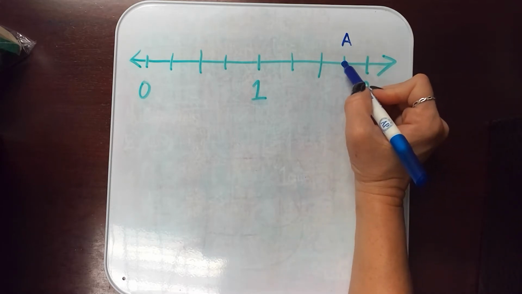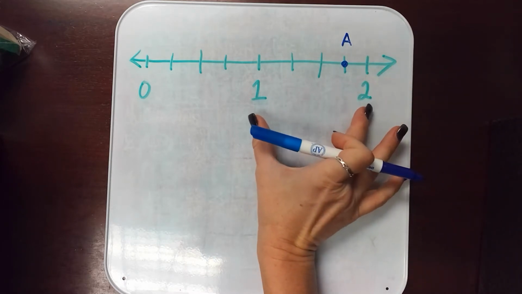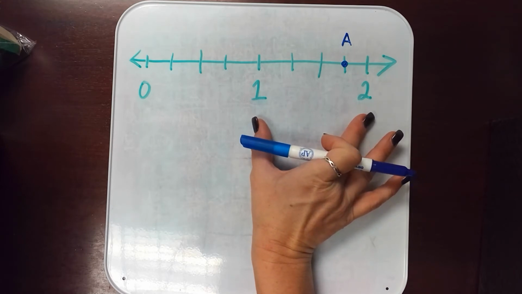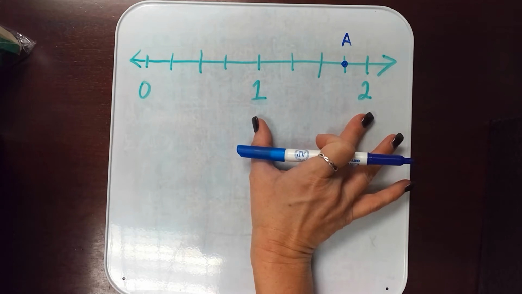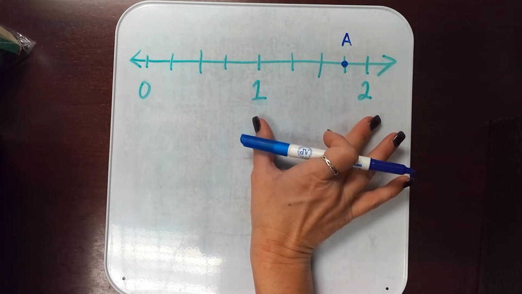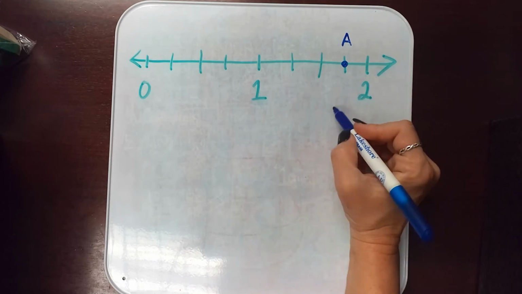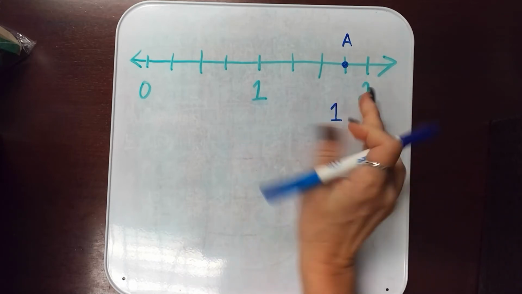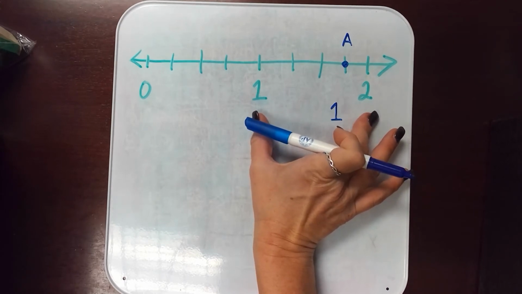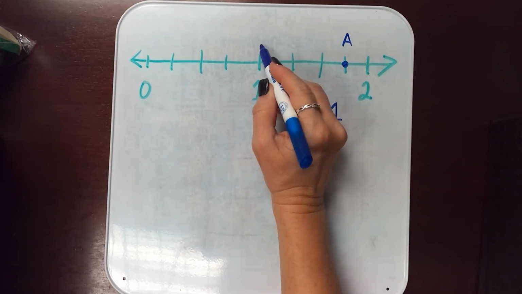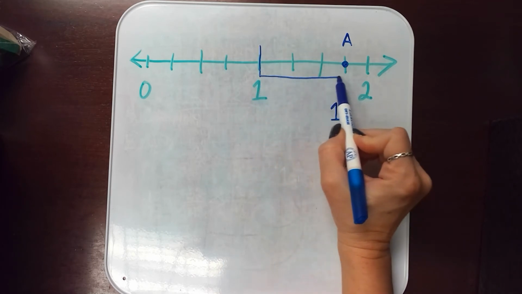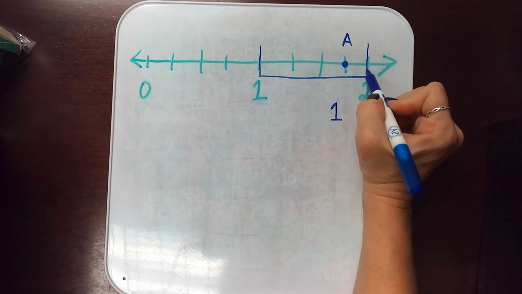So point A is in between two wholes. It is in between 1 and 2. So I already know something about point A. Point A has a whole number of 1. It's going to be a mixed number, so I can write that down. Then I tell students, take the two wholes that the point is in between and create your fraction bar.